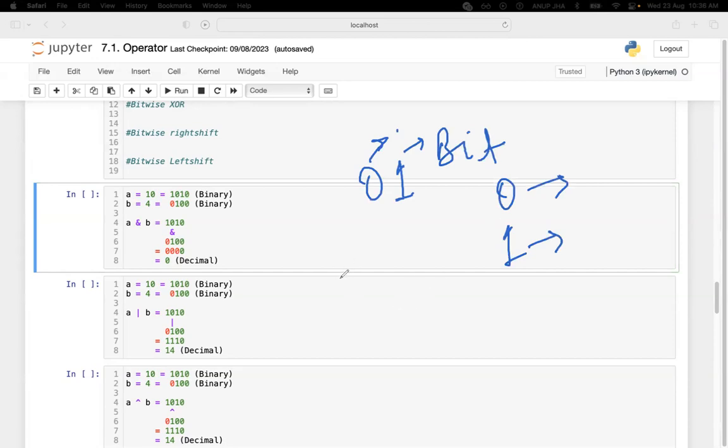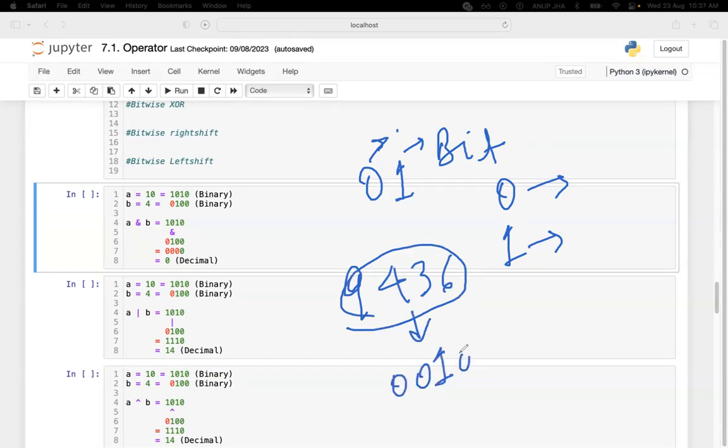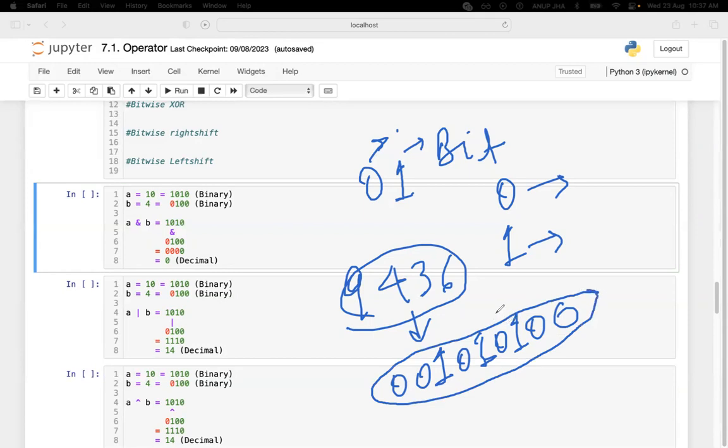So let's say I have given Python some value, 9436. Internally, it will convert this value into the form of something like this, because the computer only understands the language of bits, only the language of 0 and 1.